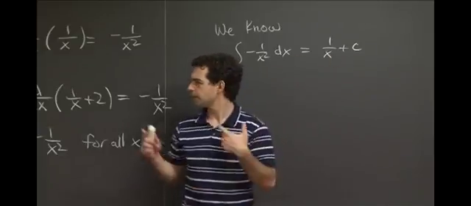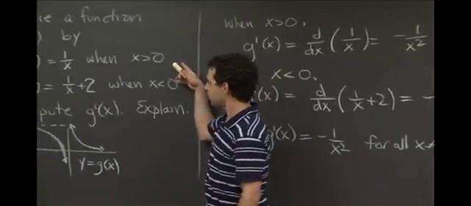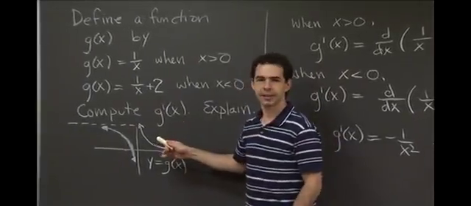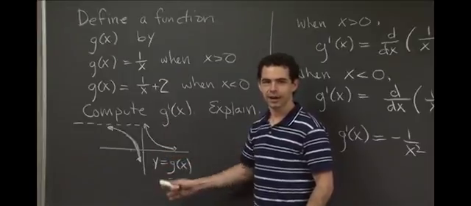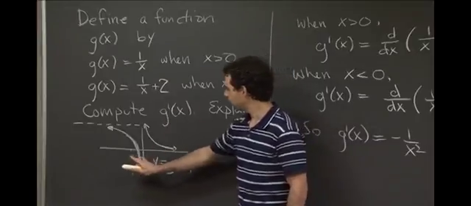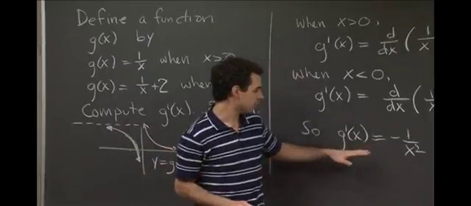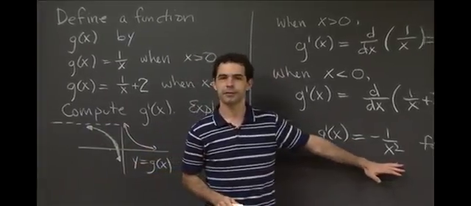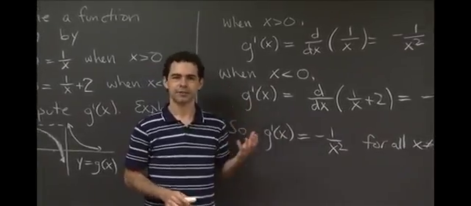The thing is, this function g that we just talked about isn't of that form, right? You don't get this function by taking the function 1 over x and just shifting it up or down. Something weird happens. You've shifted it up on one piece and not on the other piece. And yet, it's still true that the derivative of g is equal to minus 1 over x squared. So this is a little bit of a head scratcher.